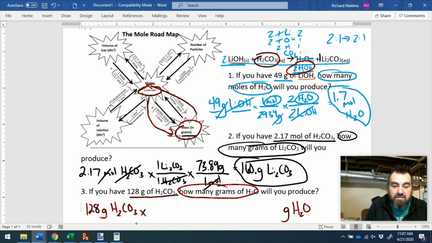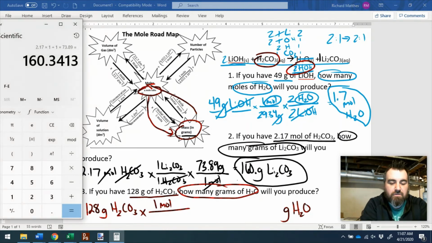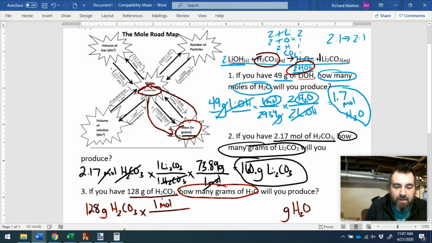So times 1 mole over the molar mass of H2CO3. A quick calculation: 1.01 times 2 plus 12.01 for the C plus 16 times 3 equals 62.03 grams per mole. So I'll put that in there.